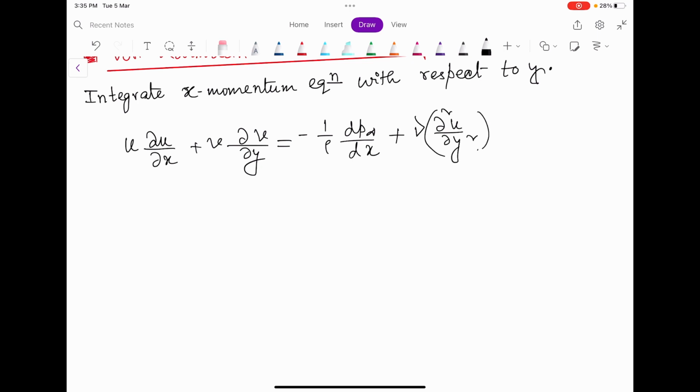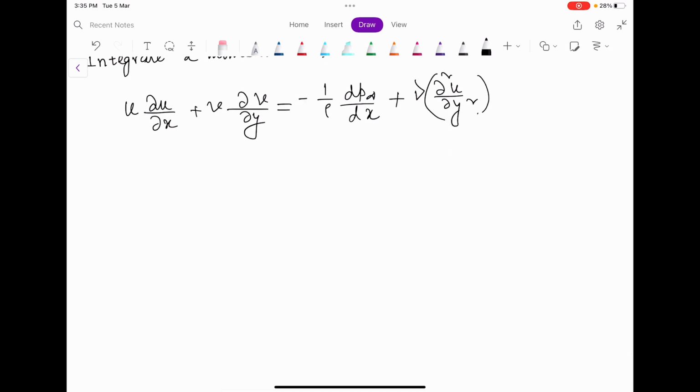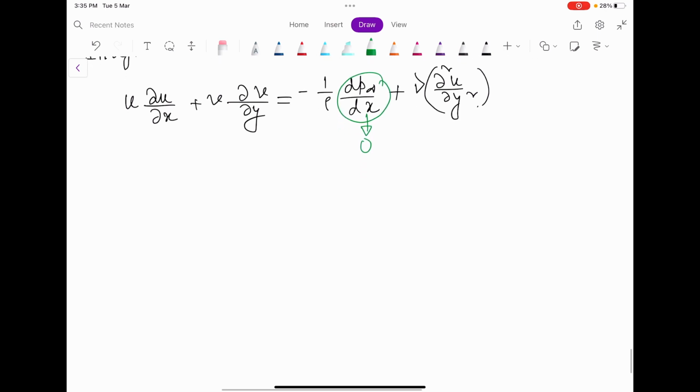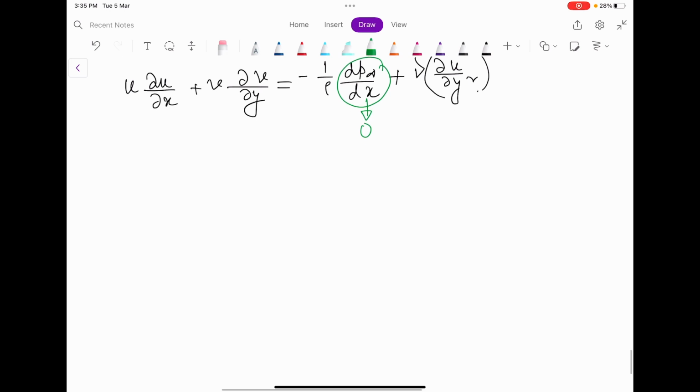Okay, so then I am having this. So for the flat plate, we know that this pressure gradient term boils down to 0. So what we can do is we can do the general formulation, retaining this dp infinity dx.